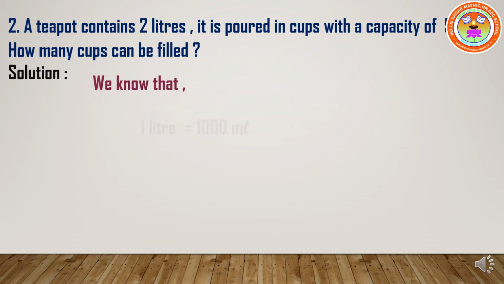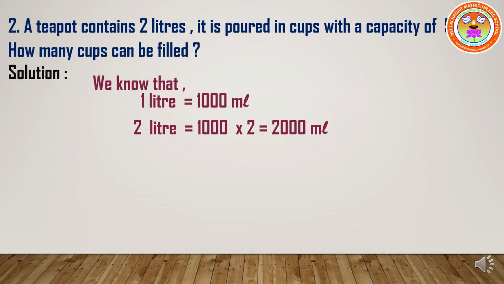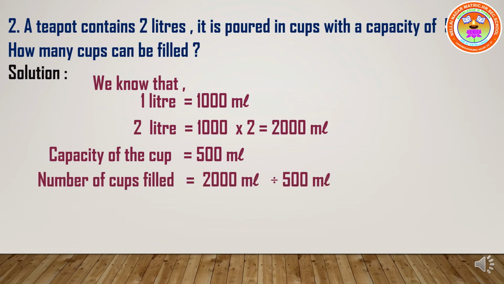Solution. We know that 1 liter is equal to 1000 milliliters. Therefore, 2 liters will be equal to 1000 into 2, that is equal to 2000 milliliters. So 2 liters is equal to how many milliliters? 2000 milliliters. Now, the capacity of the cup is given as 500 milliliters. Therefore, the number of cups filled is found by dividing 2000 milliliters by 500 milliliters.